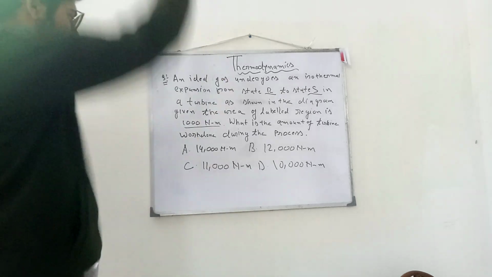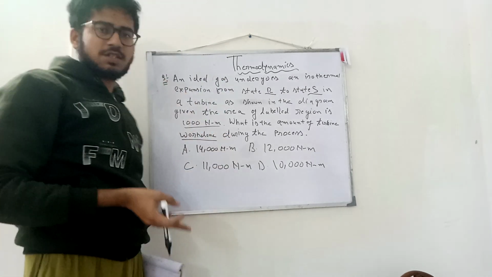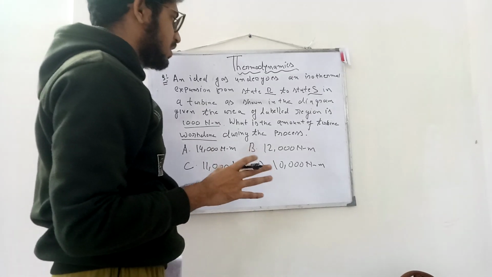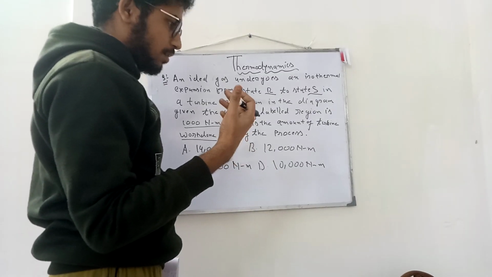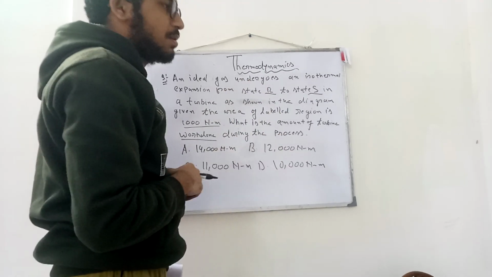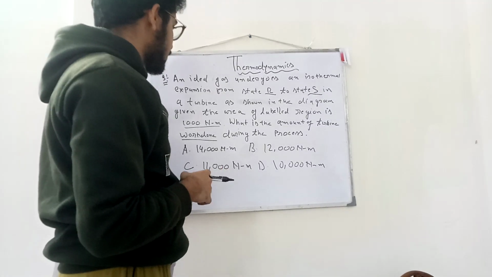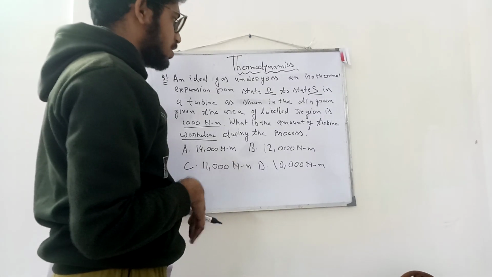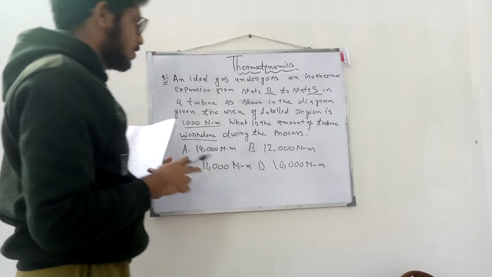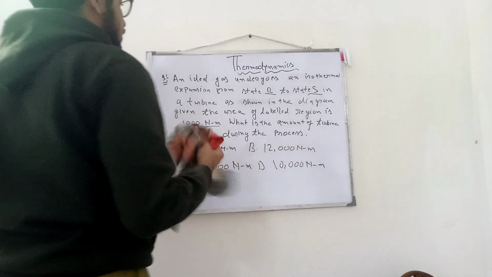You are seeing that work done type questions are coming so much. You have to remember the work done formulas for closed system and open system, then you can solve this question. So I hope you guys got it. Let's solve it.